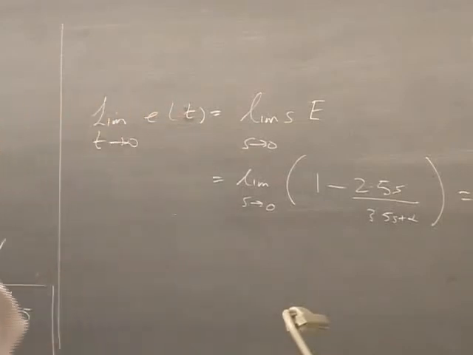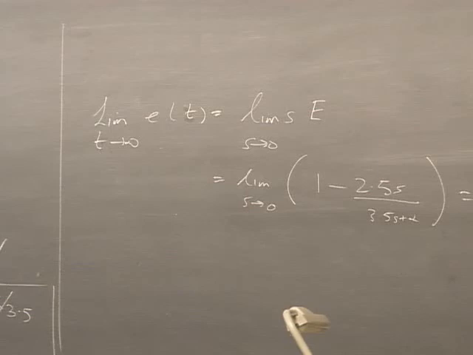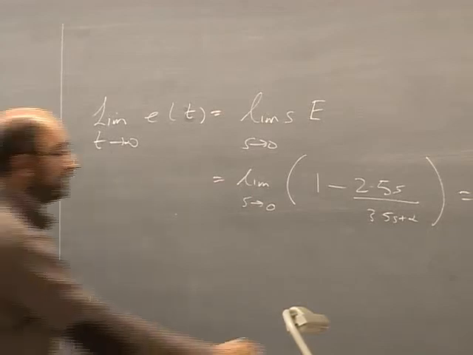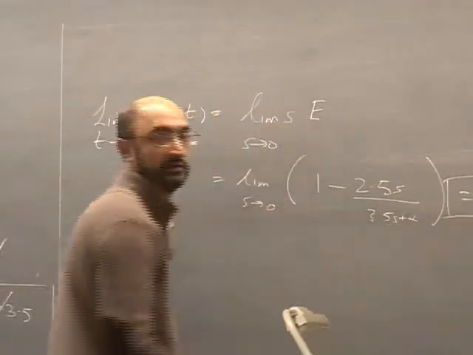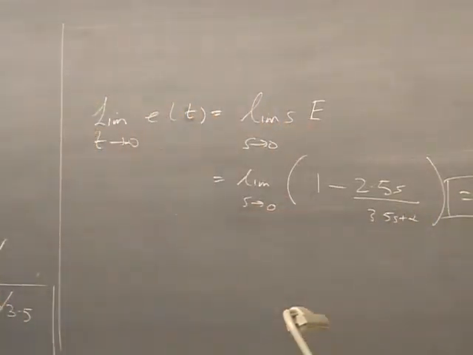So the final value expected of the error is 1. Okay, so we're going to have a steady state error. What we want is the steady state error to be 0, and with this the final value of the error is going to be 1, which is not 0, and so that's the solution.